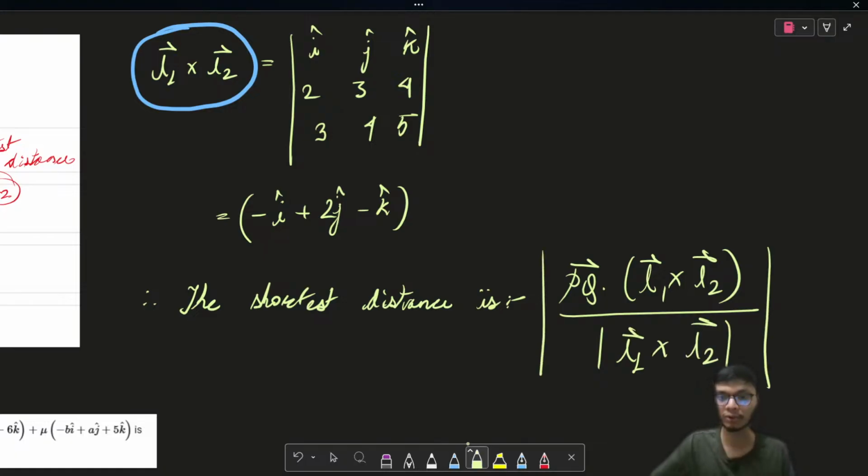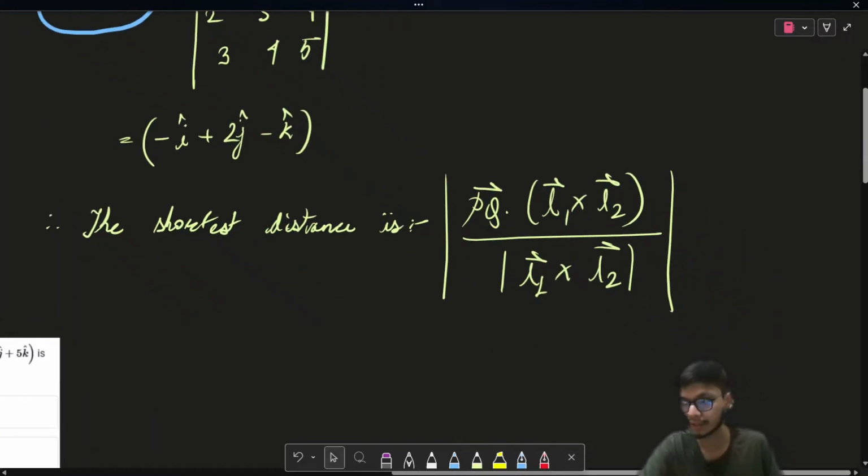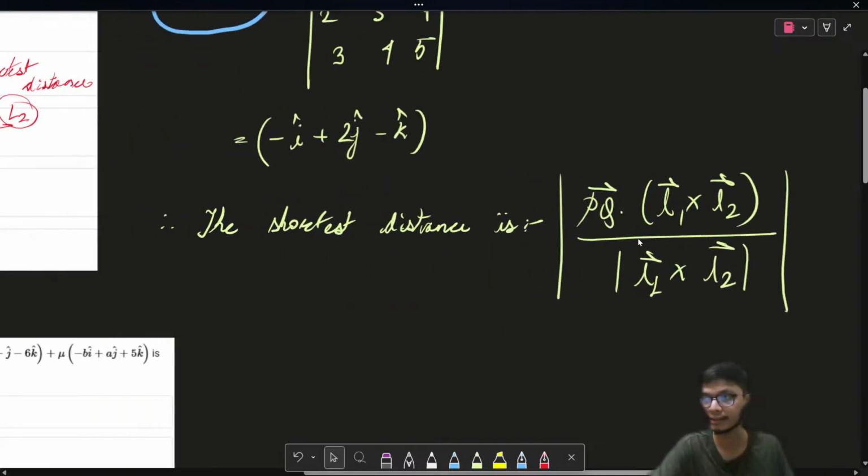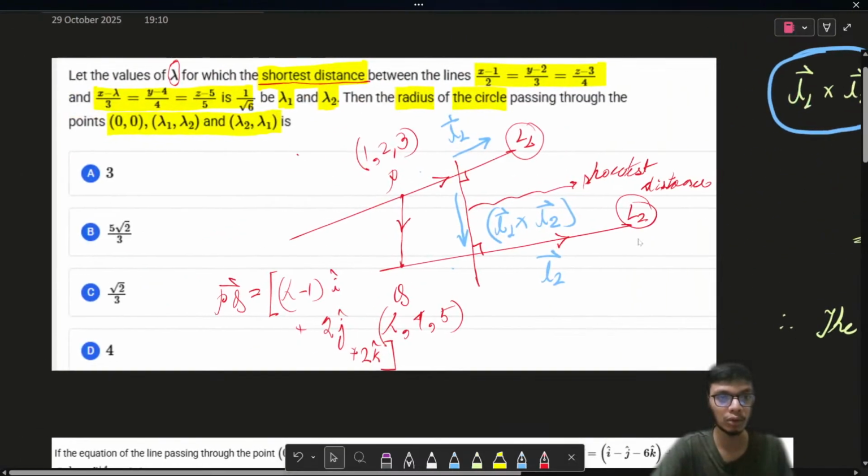And take a mod of it because the projection has to be positive, right? So if I perform this operation, this length is supposed to be 1 upon root 6, right?